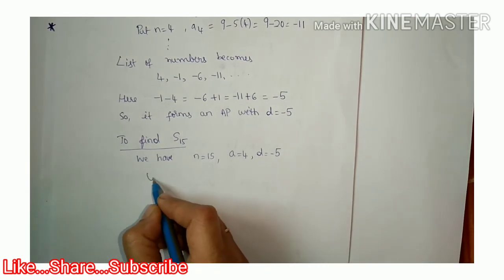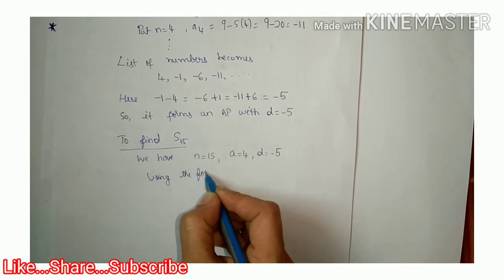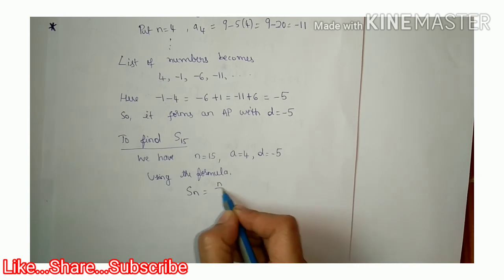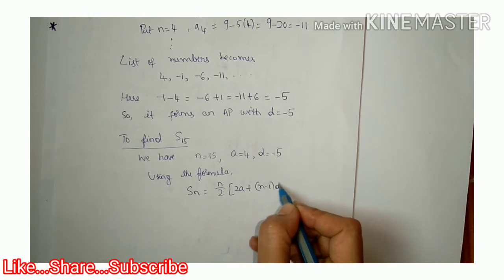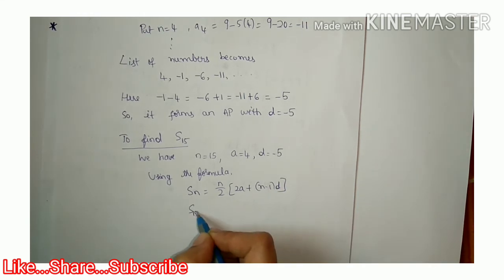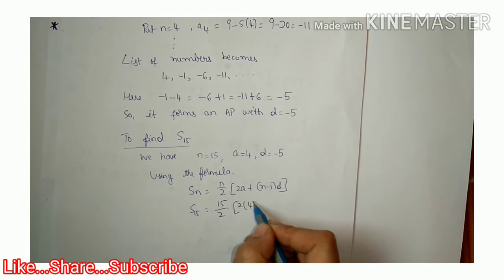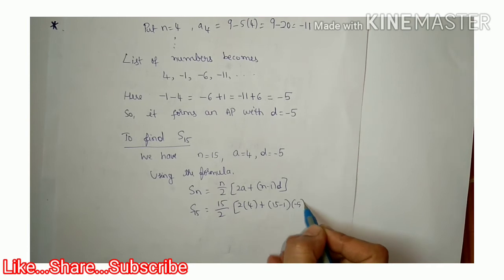Using the formula Sn is equal to n by 2 into 2a plus n minus 1 into d, S15 is equal to 15 by 2, 2a plus 15 minus 1 into minus 5.